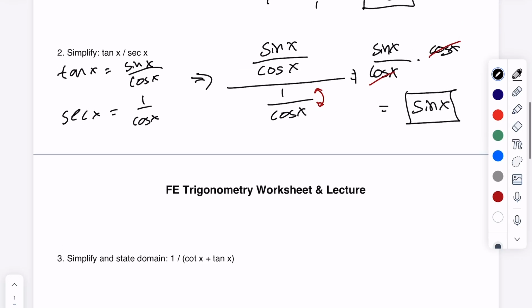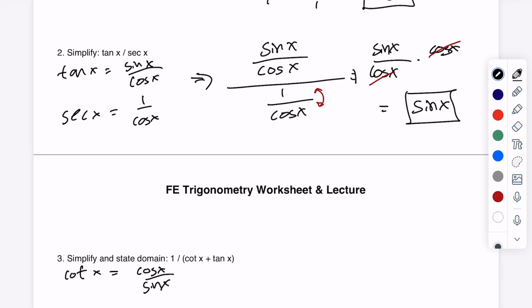Okay, so here we're going to simplify and state the domain of 1 over cotangent x plus tangent x. So cotangent x is equal to, instead of sine over cosine, it's cosine over sine.